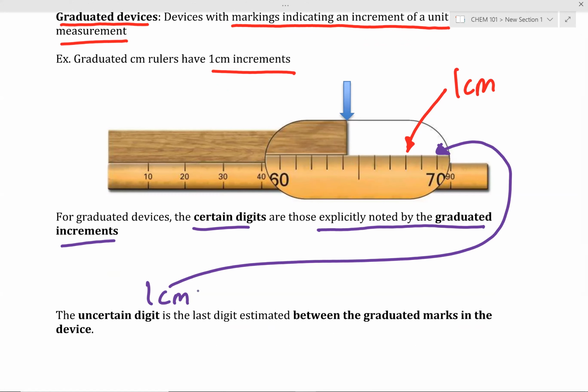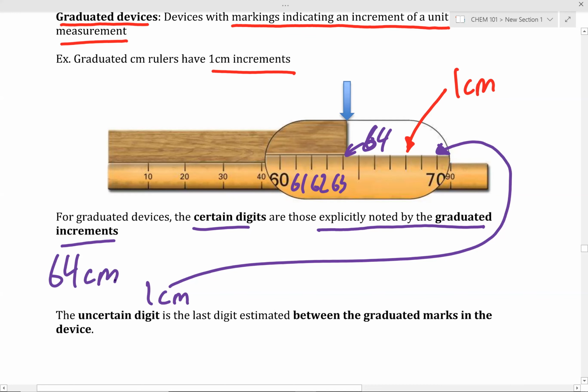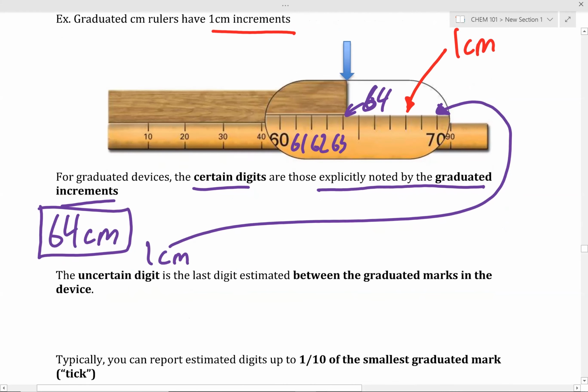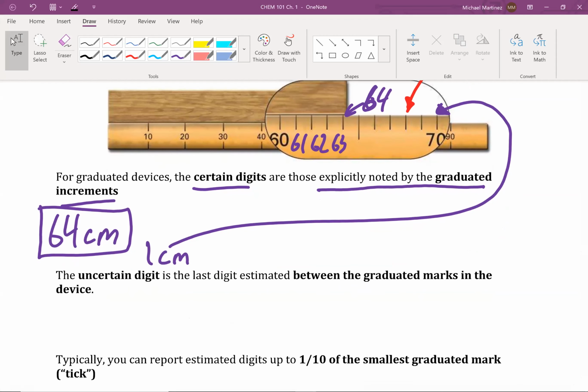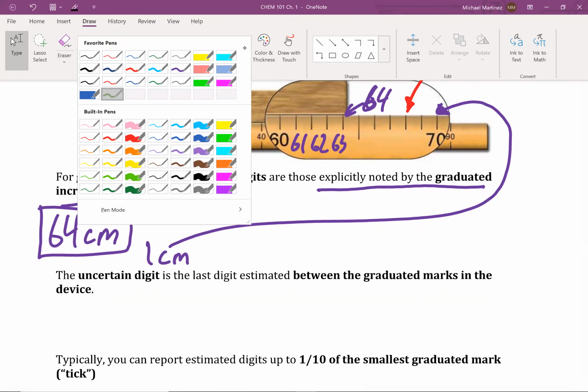For example, in this case, we have 60, 61, 62, 63, 64. So we can say the length of this object is about 64 centimeters. These are all of our certain digits. They're explicitly marked by a tick mark or a graduated mark in our instrument. Does that make sense?